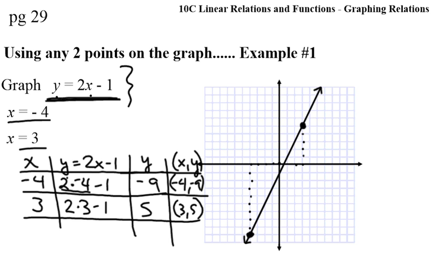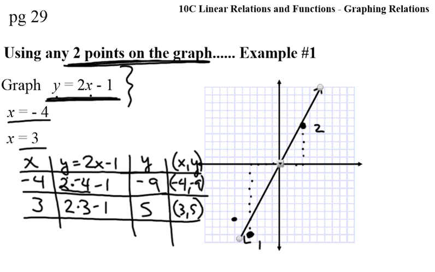Now, note that it says any 2 points on the graph. Those 2 points, the first point and the second point, allow me to connect them. I personally don't like using 2 points. My suggestion is to always use 3 points. Because if I make an error with one of those first 2 points, let's say I make a little silly error and point 1's supposed to be here, well, that's going to be a different line.